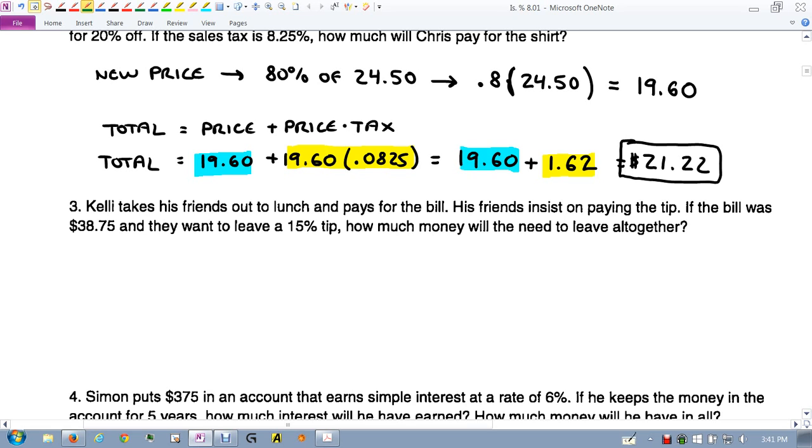All right, so let's just say they want to leave a 15% tip off of that number. So how do you compute that? You just want 15% of that number, right? 15% of 38.75.